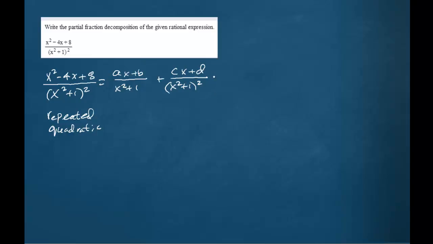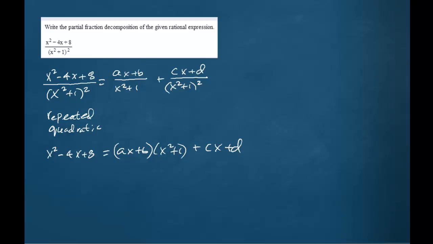So now we're going to multiply both sides by (x squared plus 1) squared in order to eliminate the denominators. And when we do, we'll wind up with x squared minus 4x plus 8 equals (ax plus b) times (x squared plus 1) plus cx plus d.